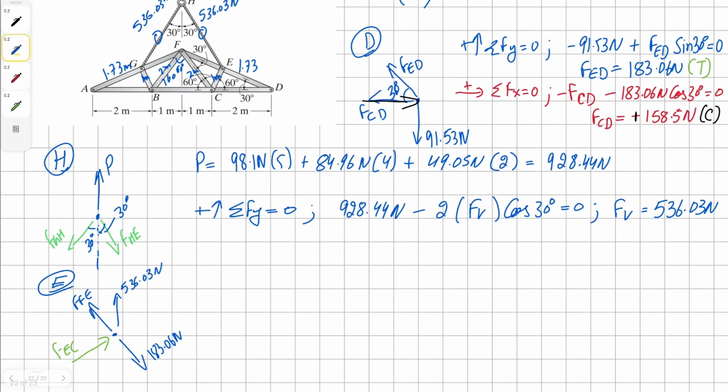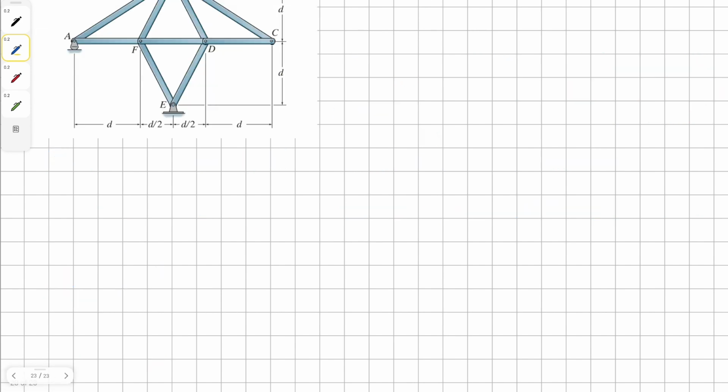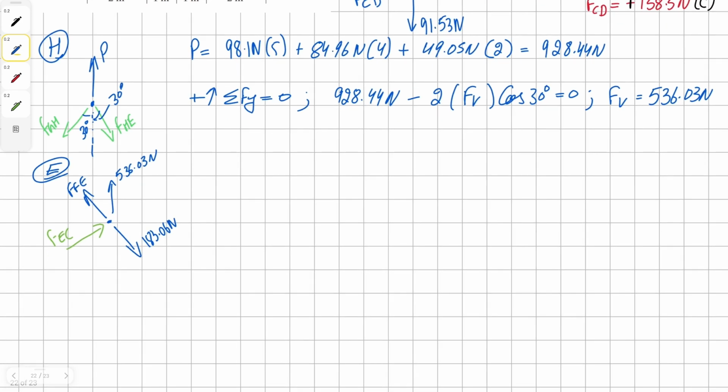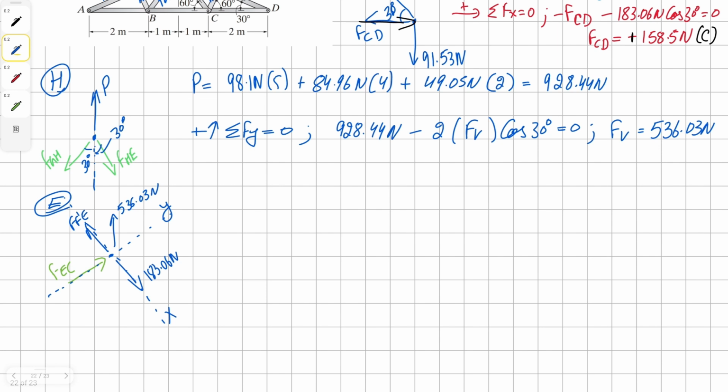Now let's sum the forces in x direction, the y direction. But before we even do that, we need to tilt our angle so that we avoid simultaneous solution of equations. So this is going to be x, and this axis is going to be our y. Now let's sum the forces in y direction.